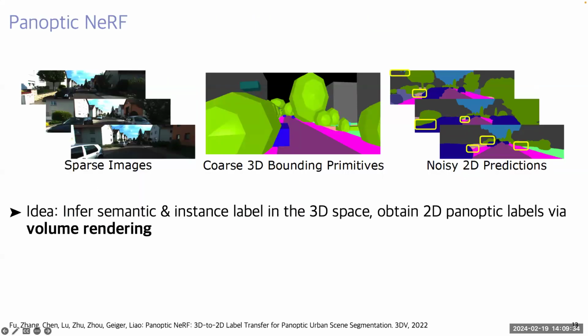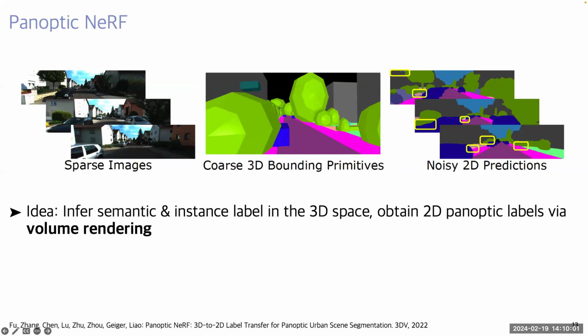This is one of the earliest works we did in this direction, named Panoptic NeRF. In this work, we aim to infer semantic and instance labels in 3D space to obtain 2D panoptic labels while volume rendering. So it's quite straightforward. For this project, we started from an easy setting, assuming that a lot of information is available.